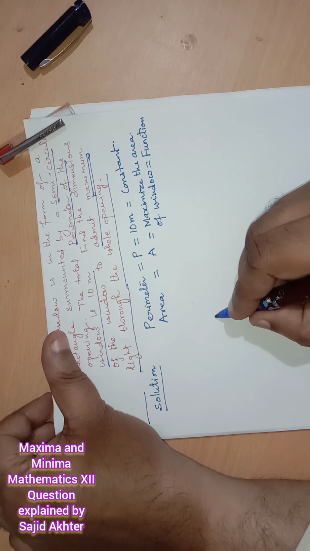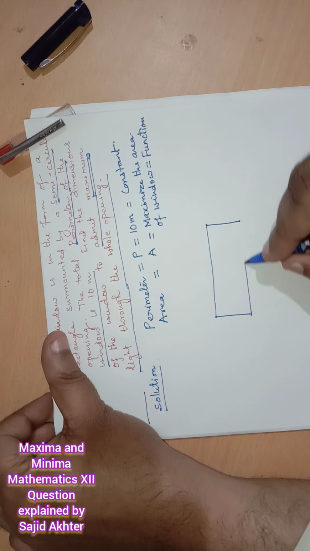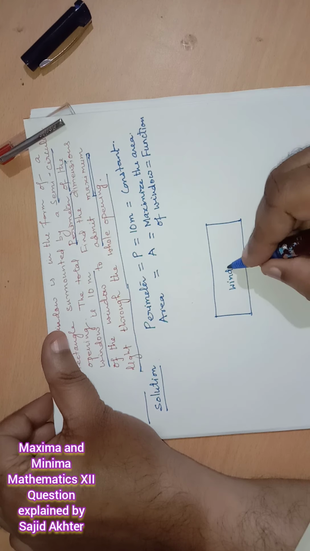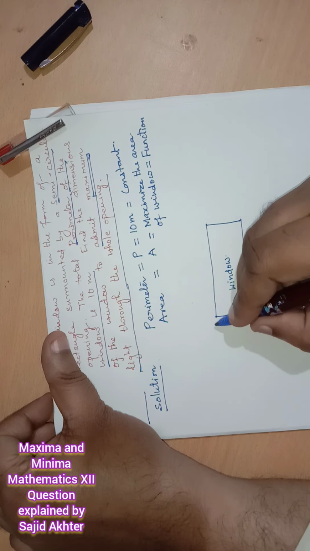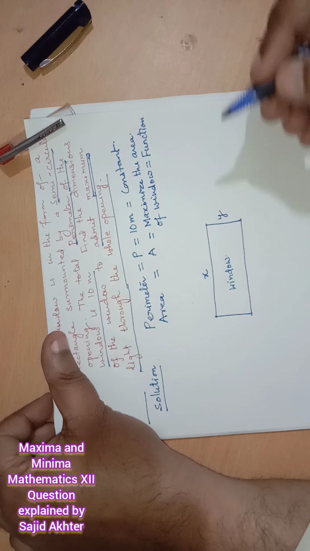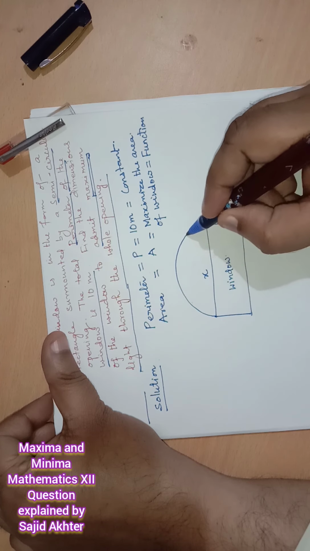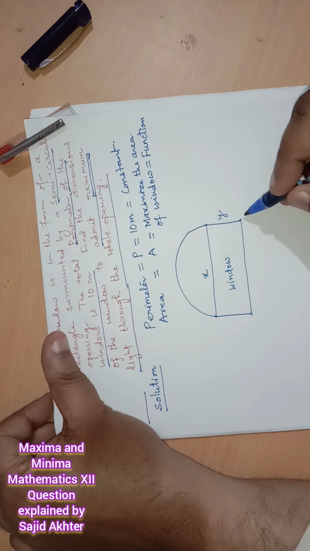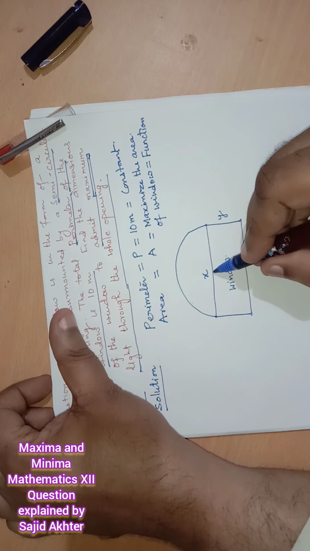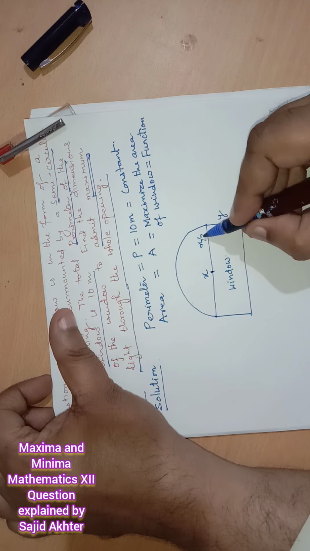Now I am just drawing the figure. Suppose the window has length x and breadth y. We can draw on the length side or the breadth side, we can do both. Here the radius of the circular portion will be x by 2.